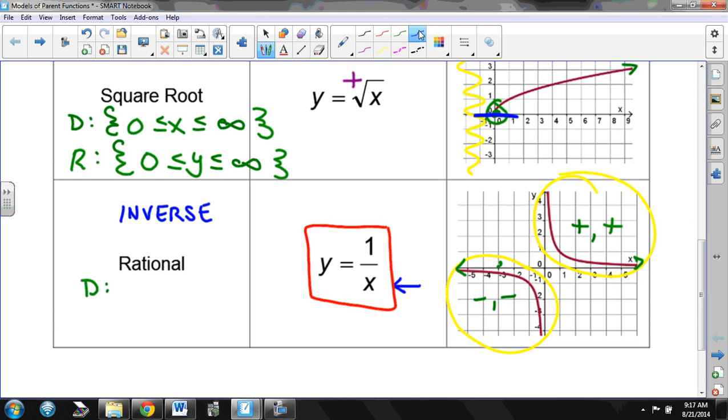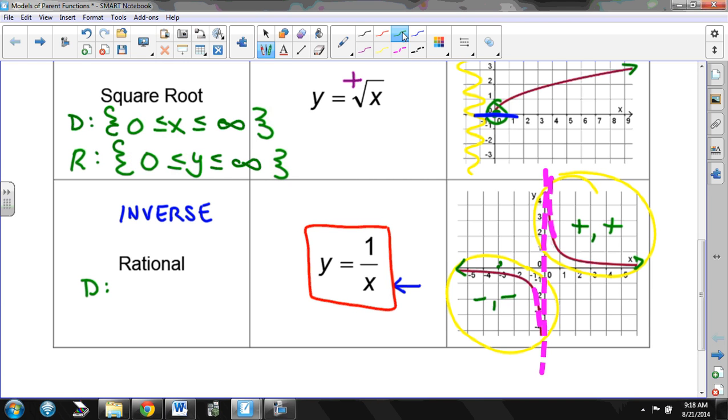But you've got to be really careful, because nowhere on this rational parent function does it touch x equals 0. Over here on the left side, we get closer and closer to 0, but we never get to it. On the right side, we start off really close to 0, but the graph never touches x equals 0.